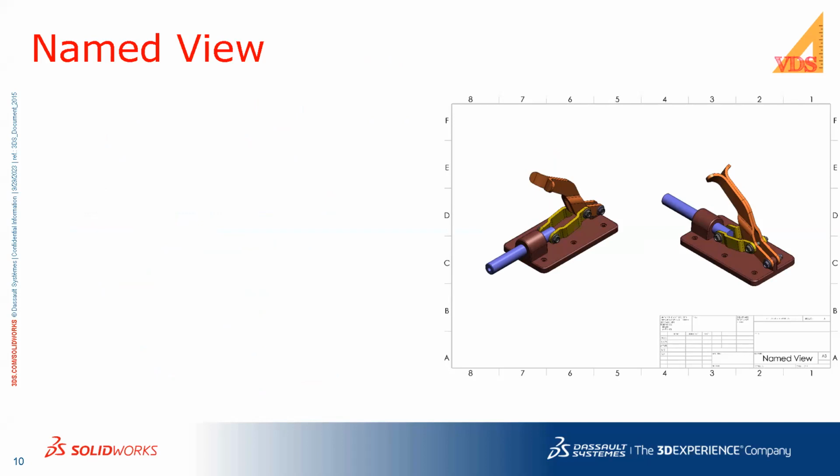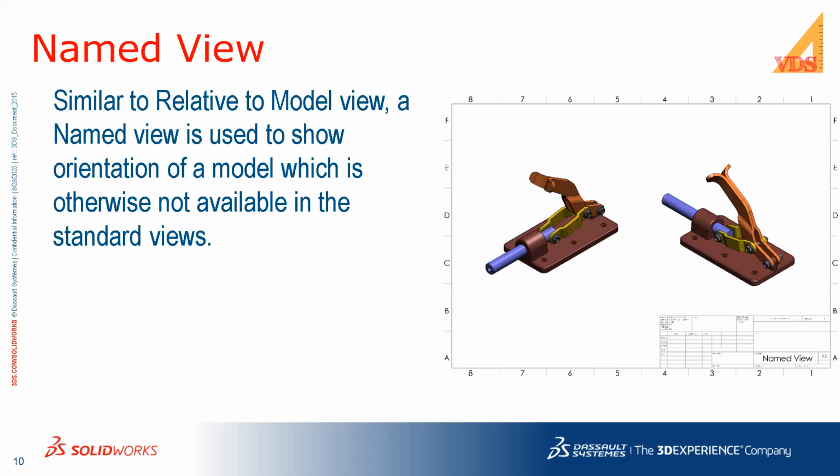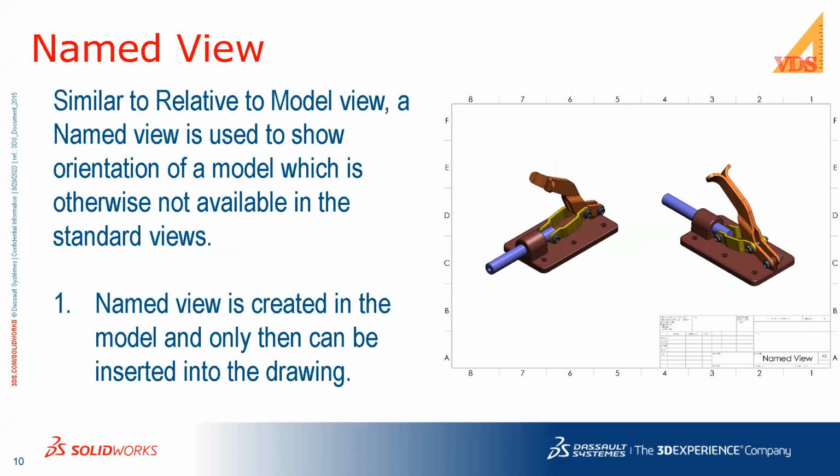Named view is basically used when you do not have a standard view orientation and you want to show the model in a different orientation. Named view is not available in the drawing, similar to exploded view. We create the desired view in the model, and then we insert it into the drawing.